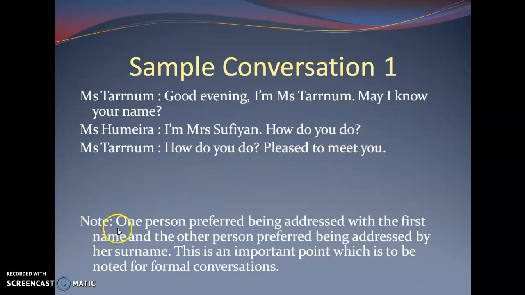It is to be noted that one person preferred being addressed with the first name, and the other person preferred being addressed by her surname. We will learn about these surname, first name, middle name a little later in our set of lessons. This is an important point which should be noted for formal conversations.